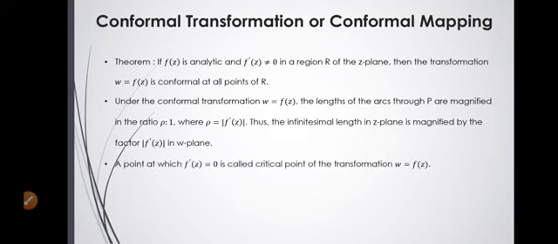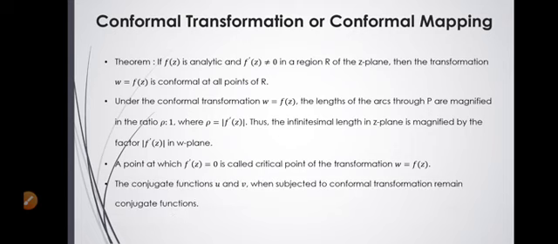Next, a point at which f dash of z equal to 0 is called a critical point of the transformation W equal to f of z. So these are the statements which are important from the objective type or MCQ type of exam.